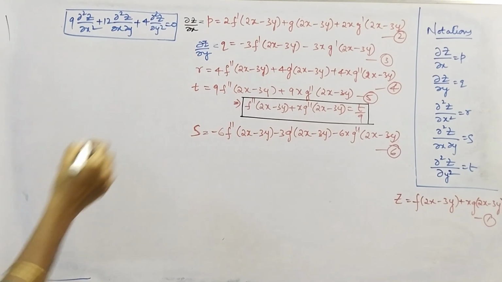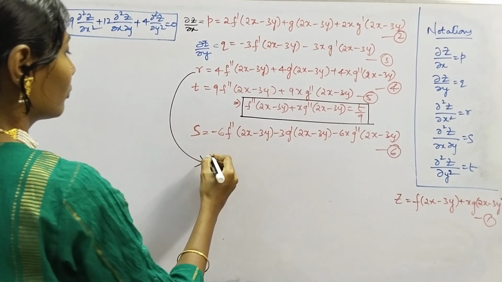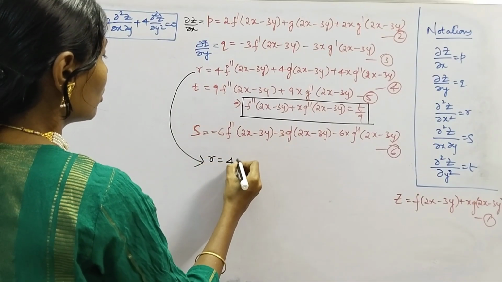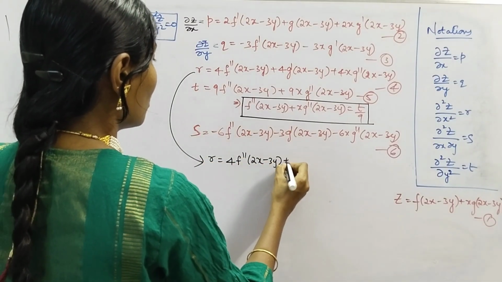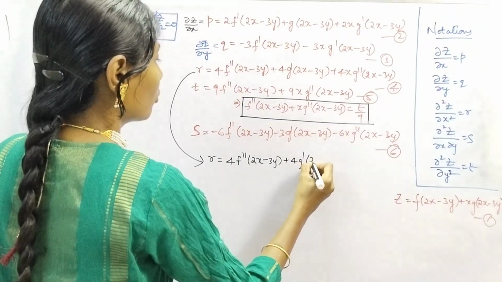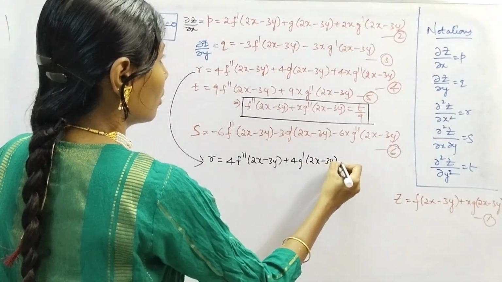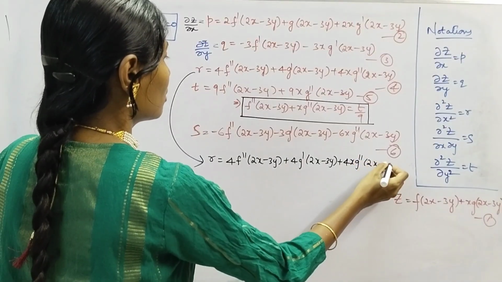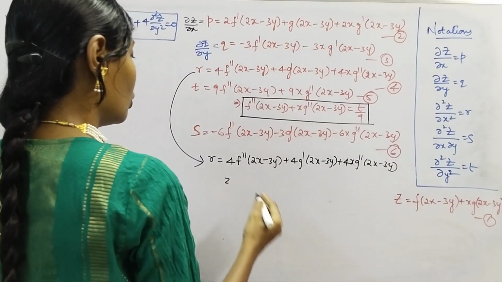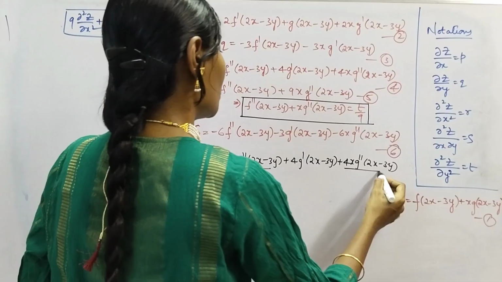We have equation R, that is R equal to 4f double dash of 2x minus 3y plus 4g dash of 2x minus 3y plus 4xg double dash of 2x minus 3y, right? We are going to take 4 common from these two terms.